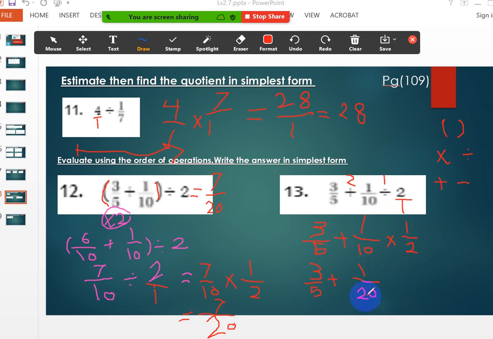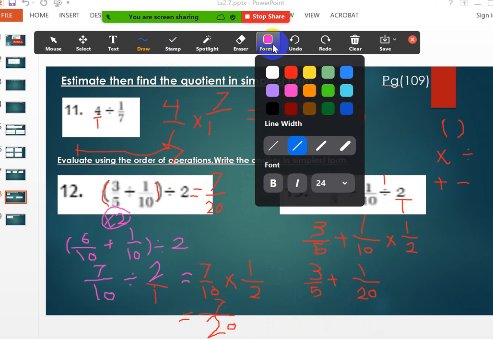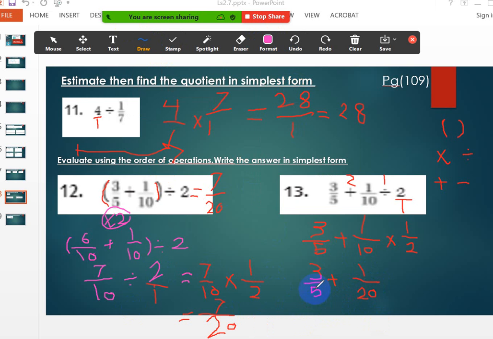Okay? Now after that, I have to add the fractions. To add two fractions, I have to make denominators the same. To make denominators the same, I have to multiply 5 with a number to make it 20. So I will multiply 5 with 4. 4 multiply 5 equals 20. So the fraction will be, okay, 4 multiply 3 equals 12 over 4 multiply 5 equals 20, plus 1 over 20.